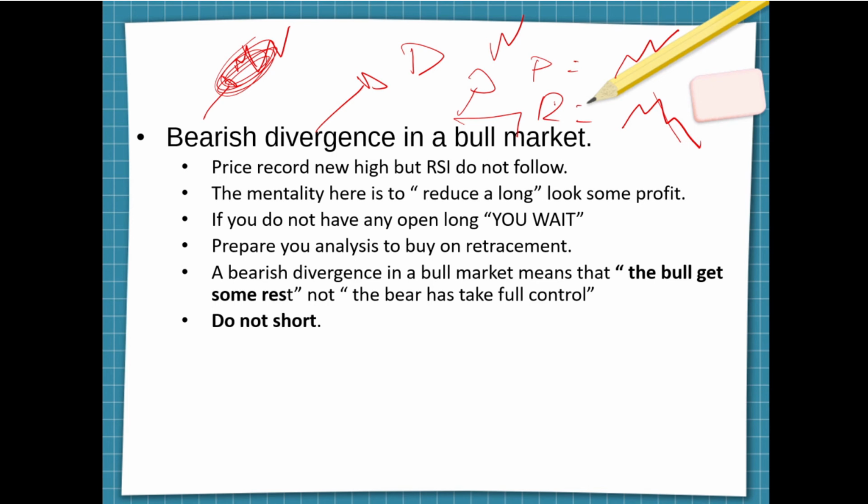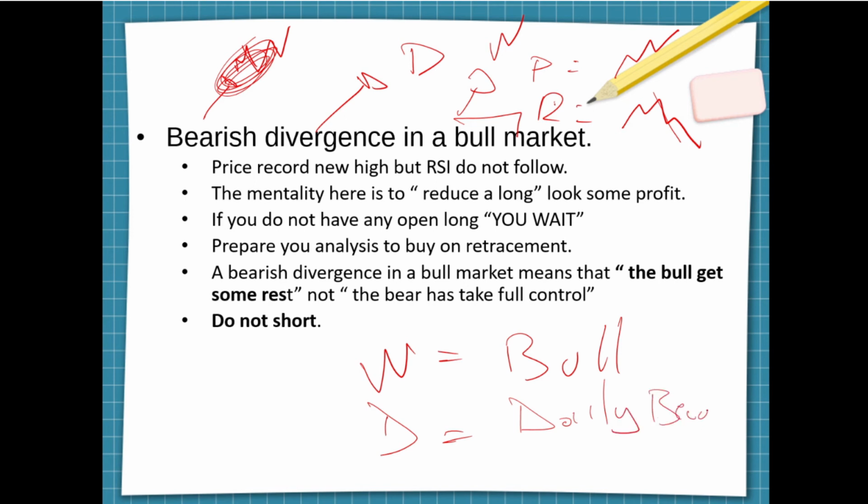So we have a higher high on the price, but the RSI does not follow. So the mentality here is to reduce your longs and take some profit. If you do not have any open long, you wait. You don't go long if you see that bearish divergence in a bull market. So weekly we are bull, but the divergence happens in a daily time frame.